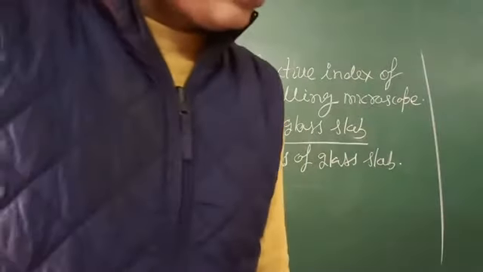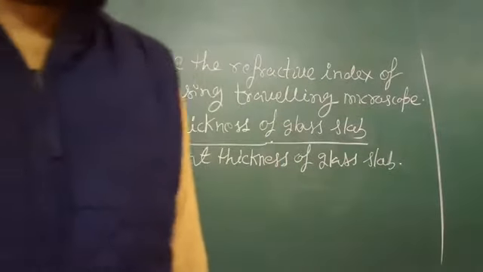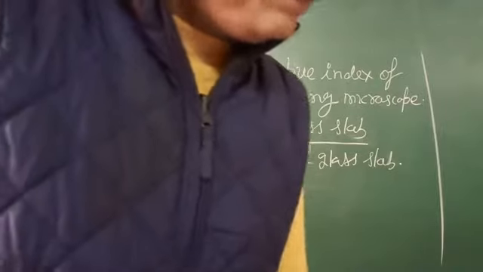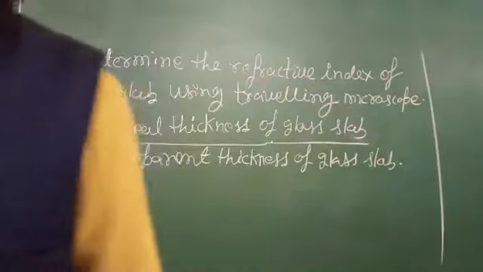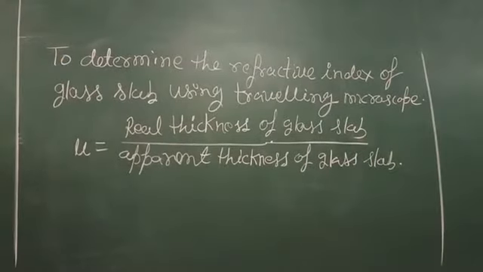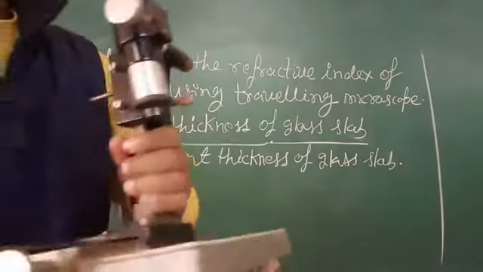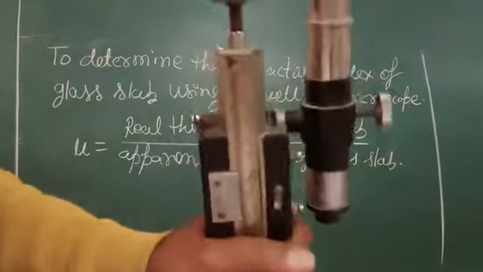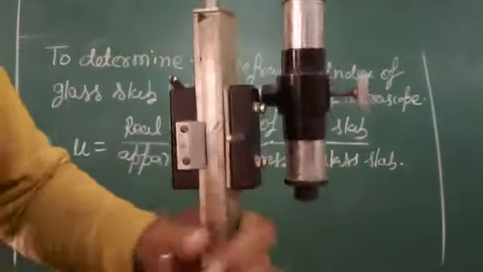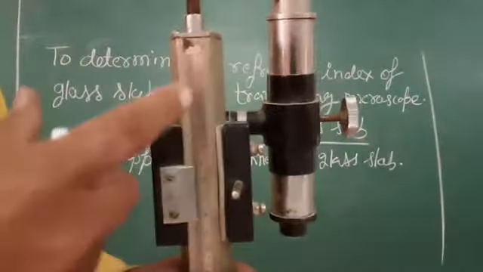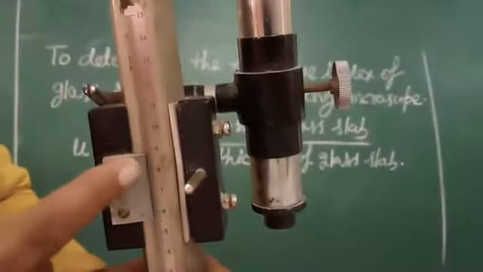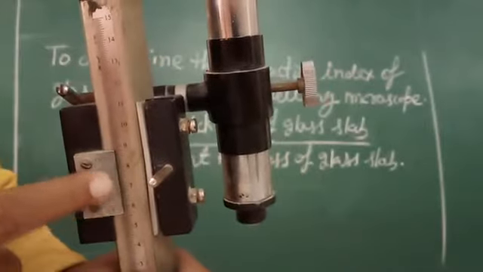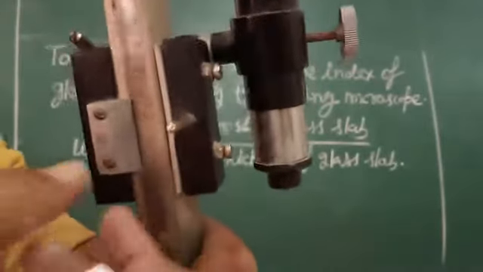Our requirements are a glass slab, a white sheet, pins, paper paste, and a traveling microscope. You are seeing that this is a traveling microscope, and this is a vertical scale, and this is a vernier scale, and it has a zero line.